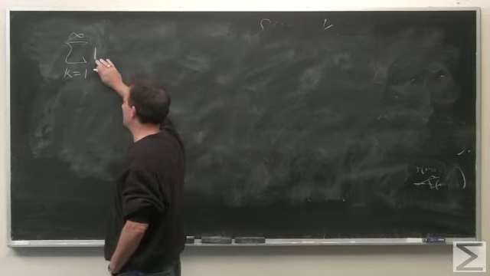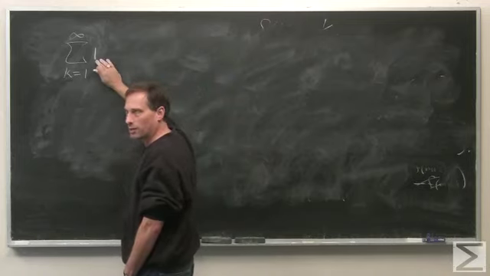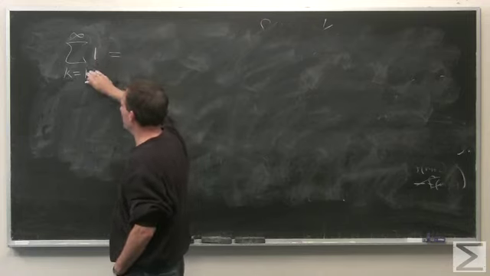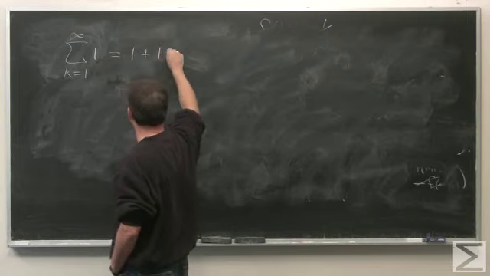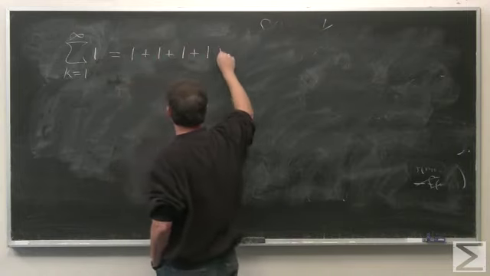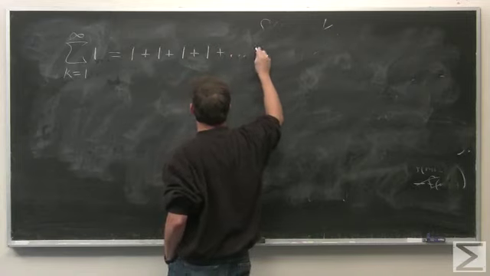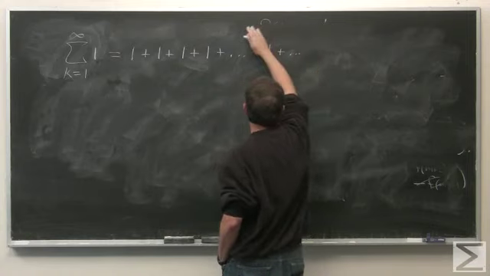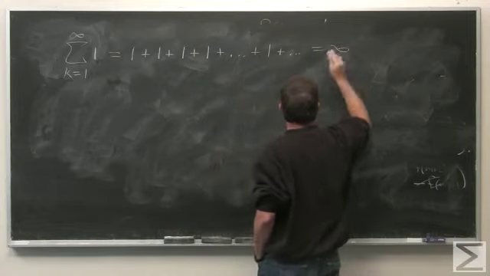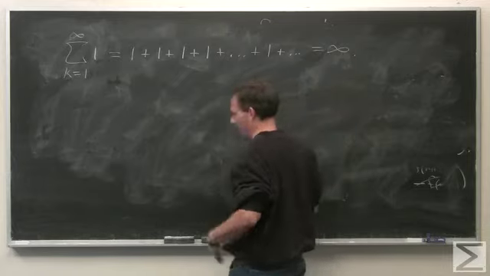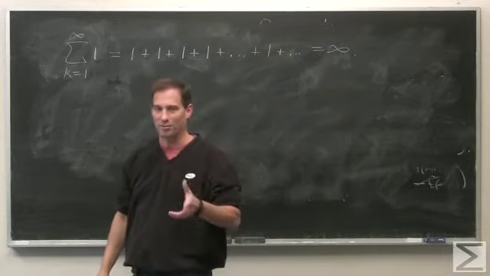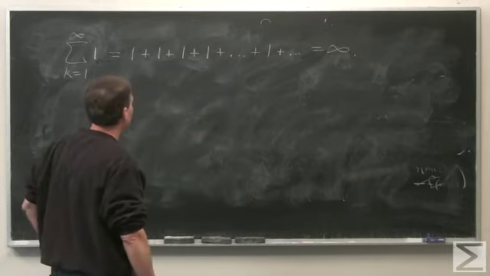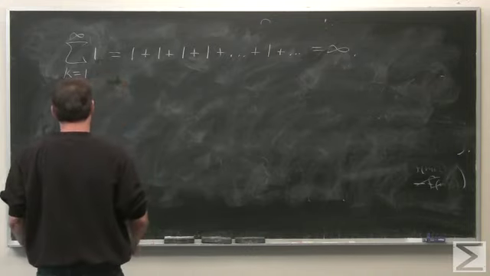When k is 1, you get 1. When k is 2, you get 1. When k is 3, you get 1. You're adding together an infinite number of 1s. Well, of course, that diverges to positive infinity. I'm saying it equals positive infinity, but that's shorthand for saying it gets arbitrarily large, so the limit does not exist. Well, that should be pretty clear.